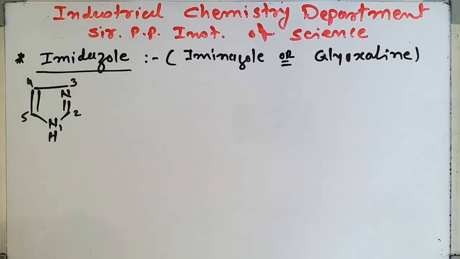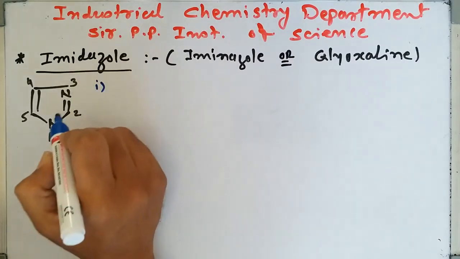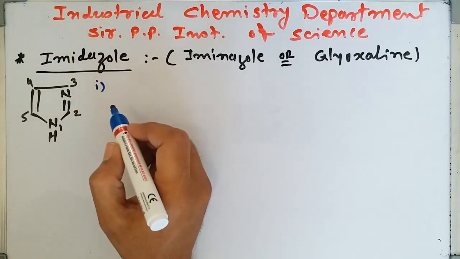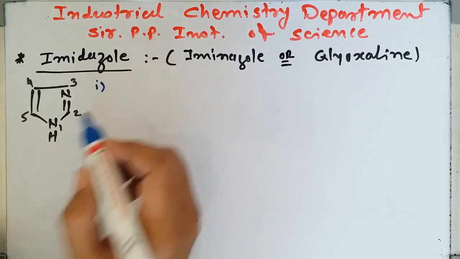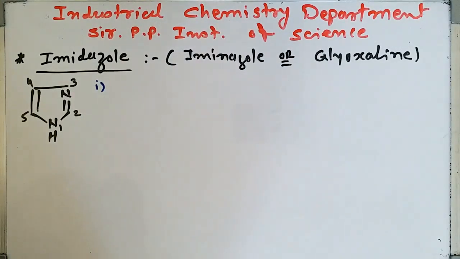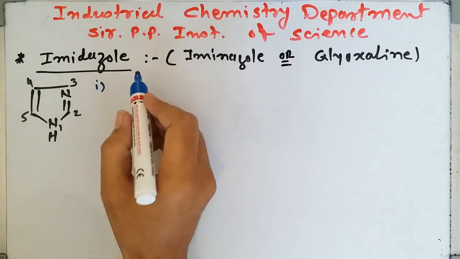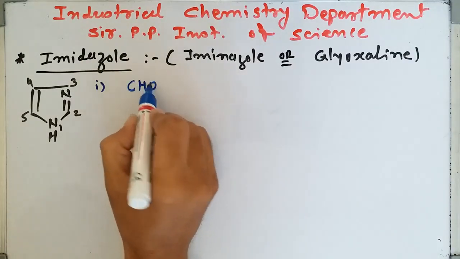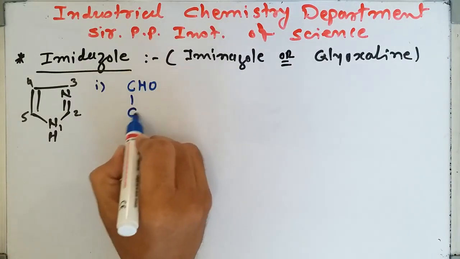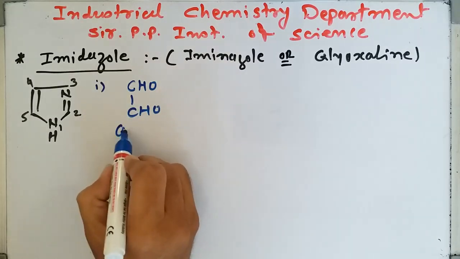Now we see the preparation of imidazole. First of all, it is prepared by the action of ammonia on glyoxal and formaldehyde. First, we write down the structure of glyoxal, CHO-CHO.